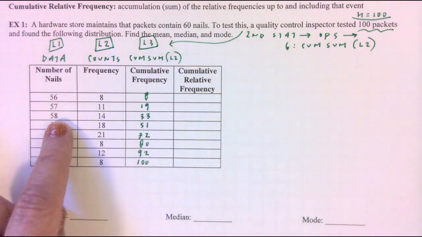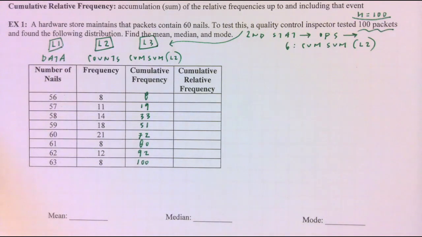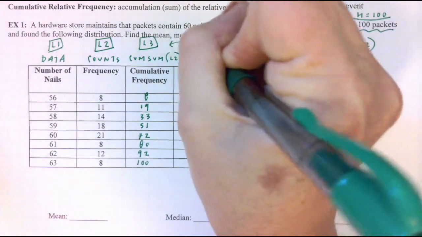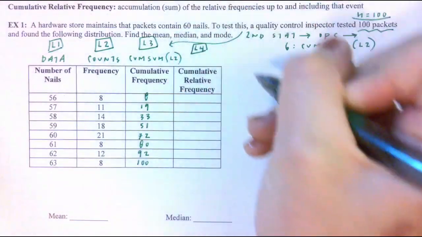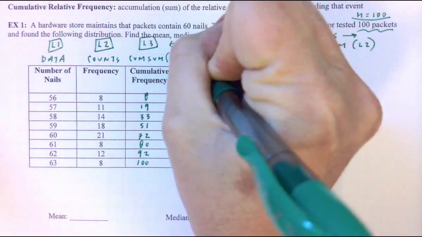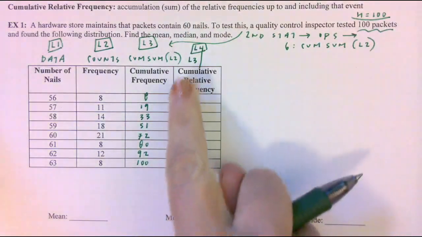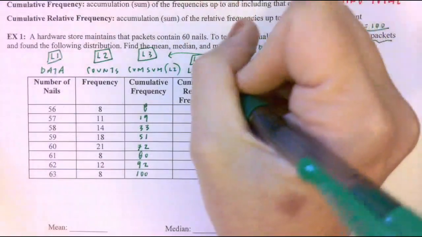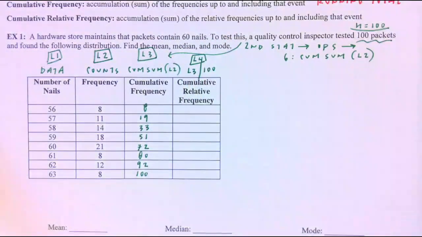Okay, and then lastly, I want my cumulative relative frequency. So I want to see my running total as a proportion instead. So in my L4, I'm going to say, look at what's in my L3 and divide it by my N number. How much data do I have? I have 100 packets, so I'm going to divide that by 100.